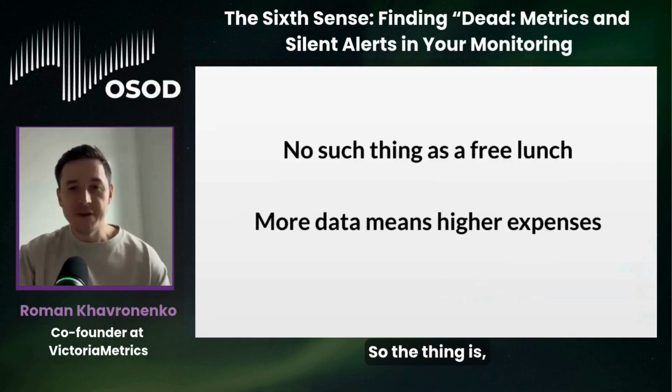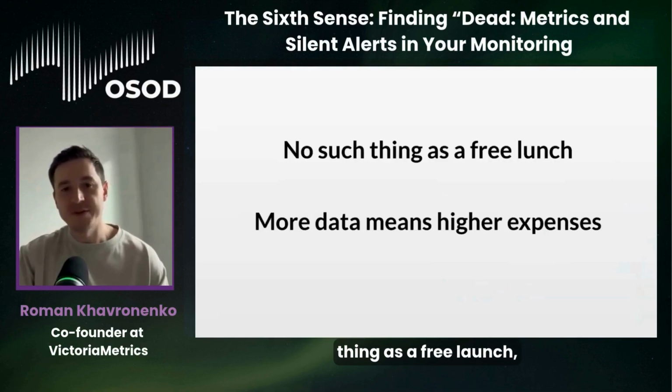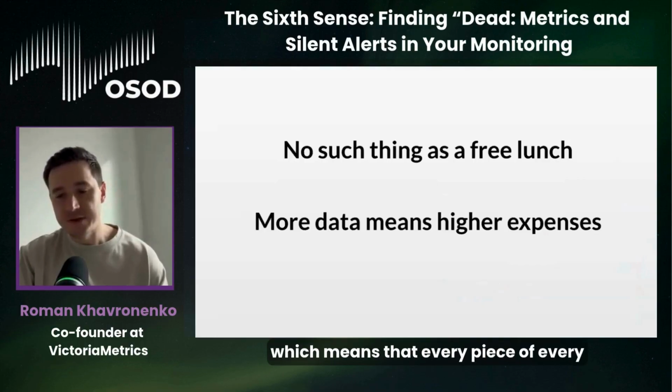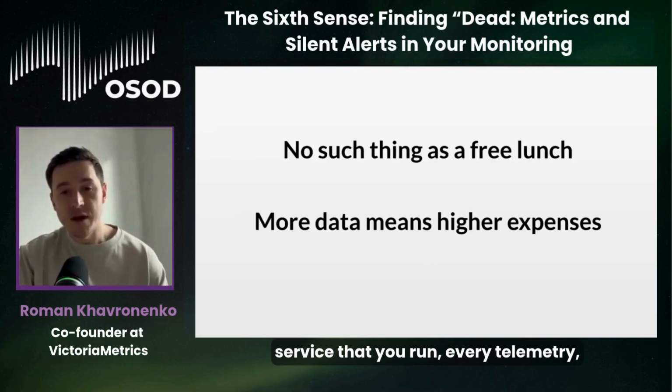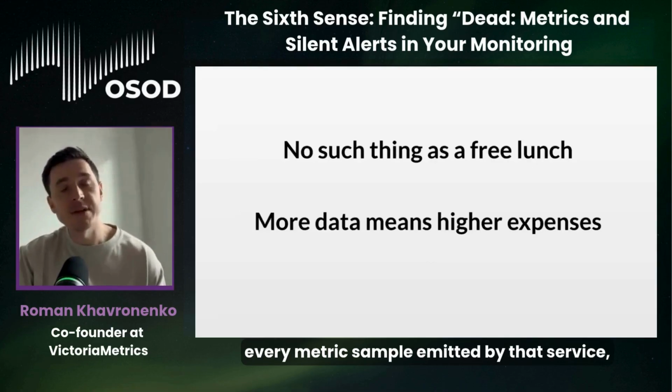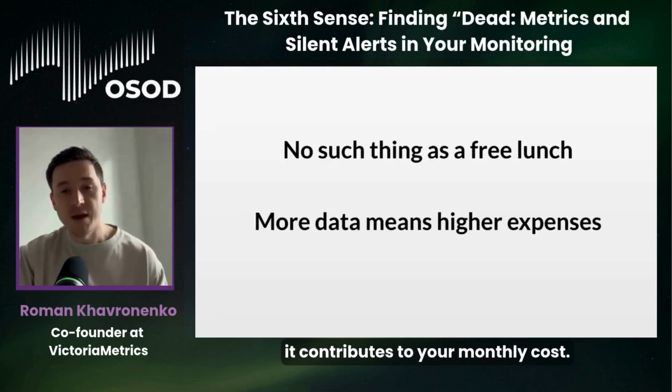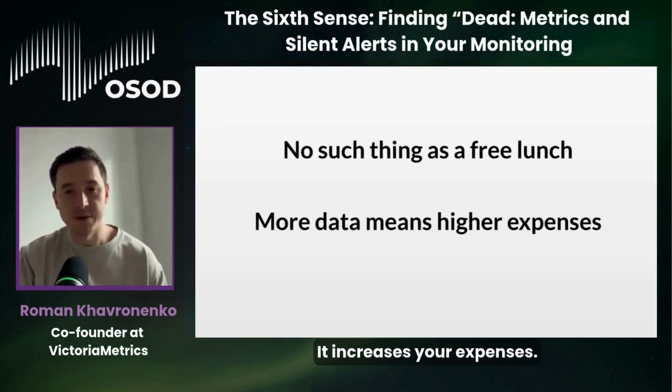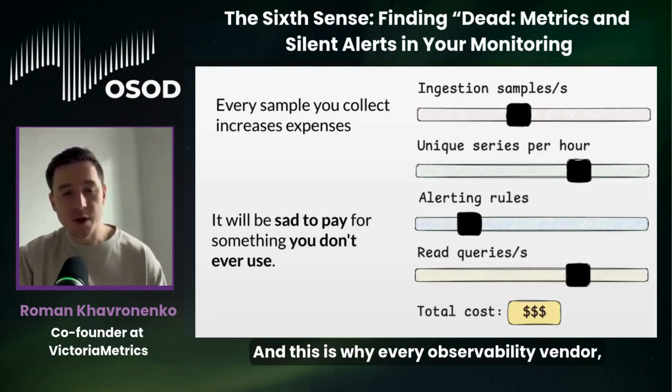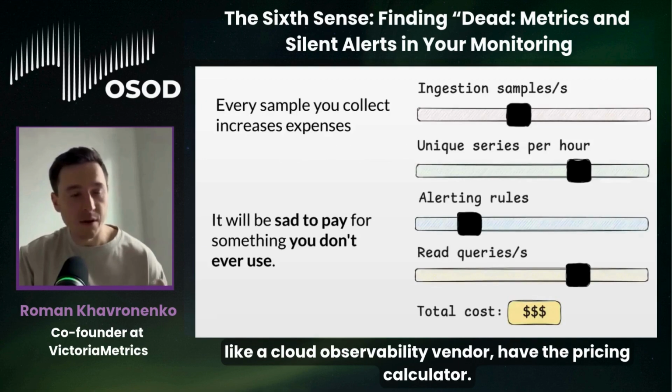So the thing is, there is no such thing as a free lunch, which means that every service that you run, every telemetry, every metric sample emitted by that service, contributes to your monthly cost. It increases your expenses. And this is why every cloud observability vendor has a pricing calculator.